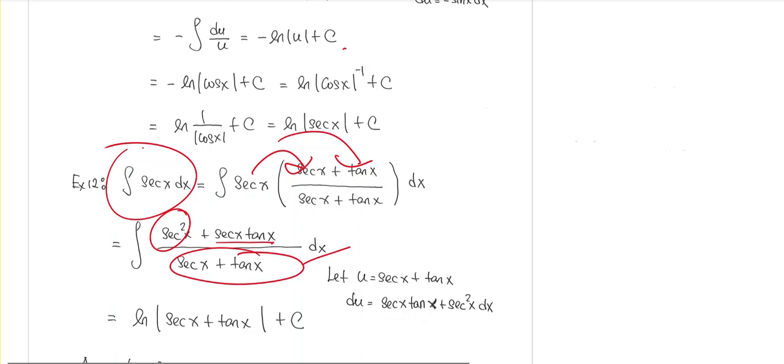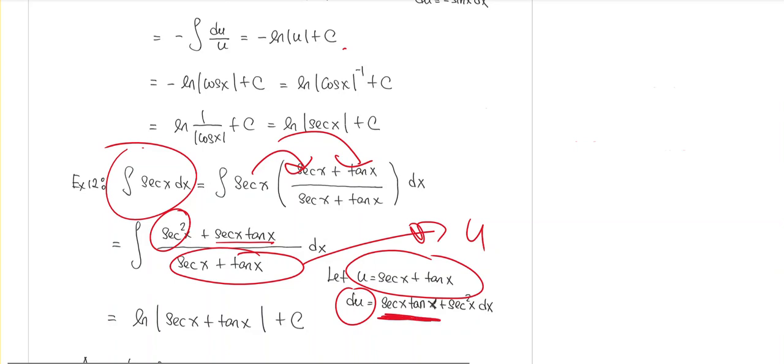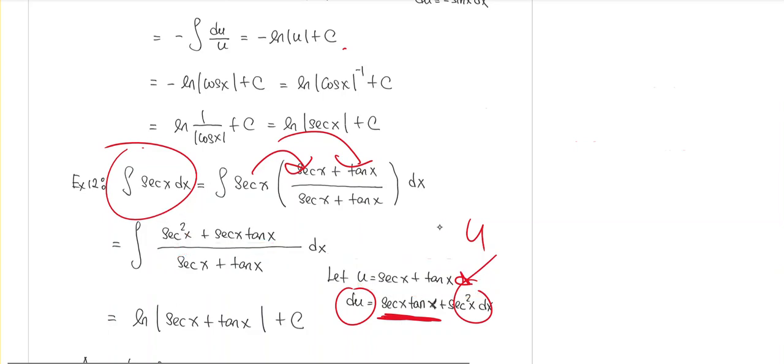And if you look at this and call this your u, which is secant x plus tangent x, if you take the derivative, you get secant x tangent x for the derivative of secant x, and then you get secant squared x for the derivative of tangent x, and you will see that they are right here.